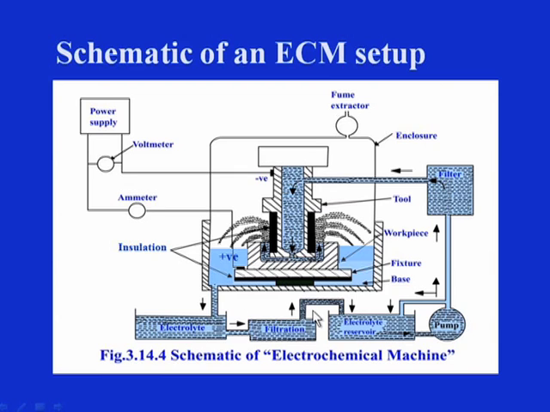Therefore, there are different mechanisms like a settling tank, then filtering the electrolyte, and then finally pumping it again into the gap. Generally, the entire system is put under an enclosure, so that any fumes, toxic fumes etc., produced in the process do not affect the environment and the operator.